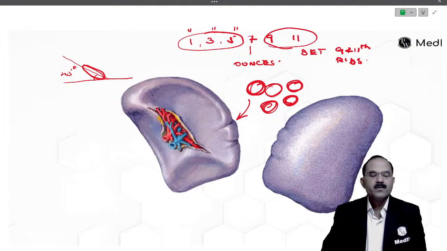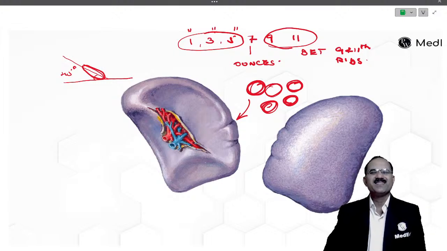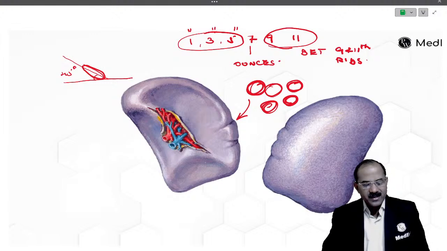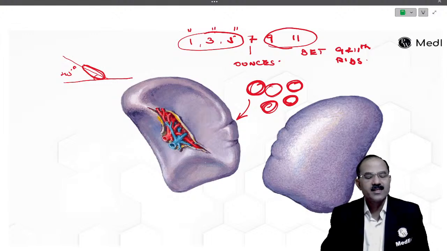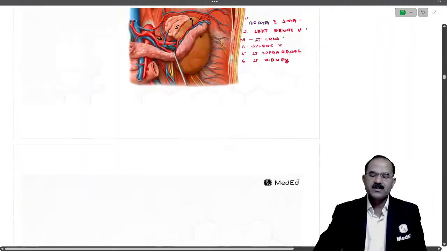It is the greater sac, not the lesser sac. The spleen projects into the greater sac.